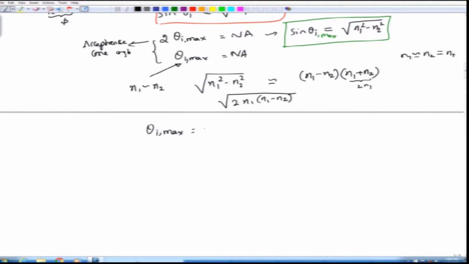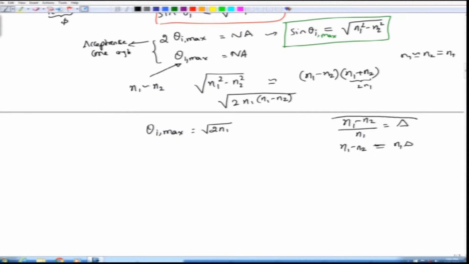So, I can pull 2n1 out under root here, and if I define n1 minus n2 by n1 as delta, which is the relative refractive index difference, then n1 plus n2 is approximately 2n1 and n1 minus n2 divided by n1 is delta. Therefore, n1 minus n2 is equal to n1 times delta.